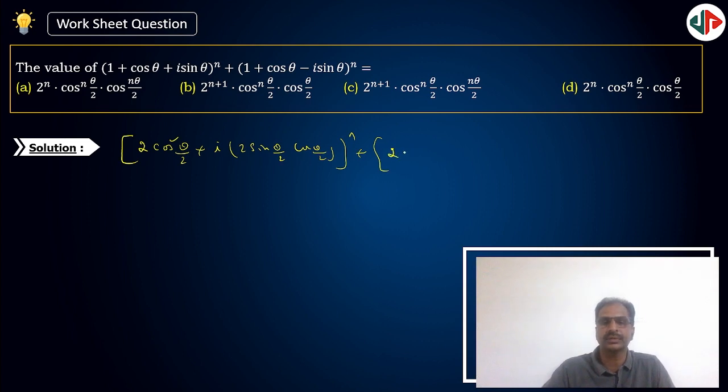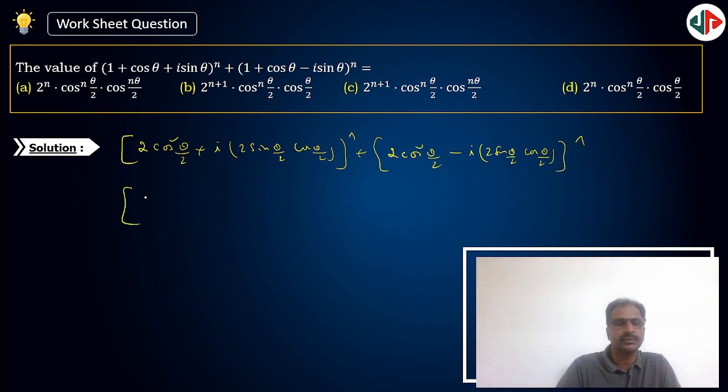Again 1 + cos theta is 2 cos square theta by 2, minus i into the same. What is common? 2 cos theta by 2 is common. Then you get (cos theta by 2 + i sin theta by 2) whole power n.